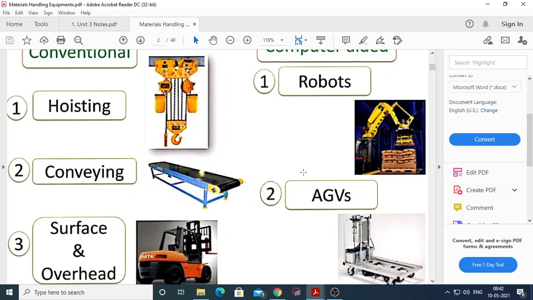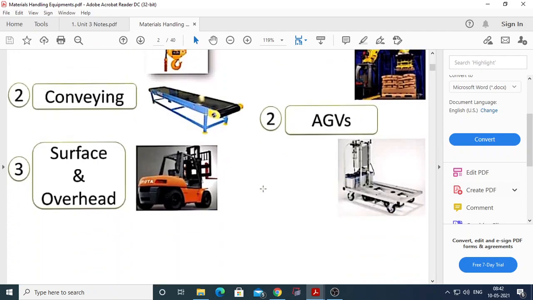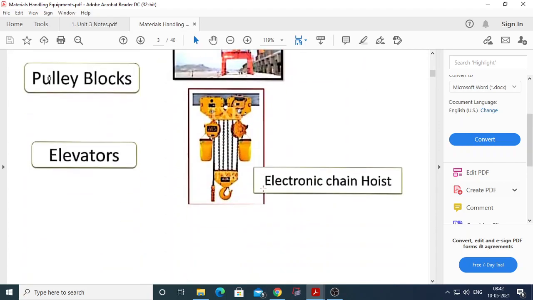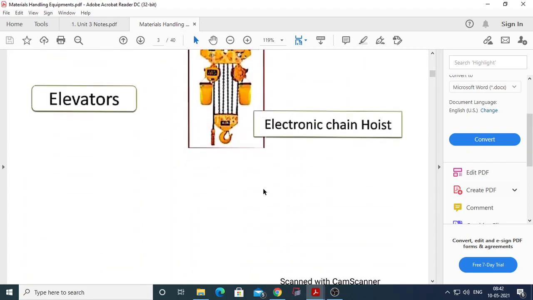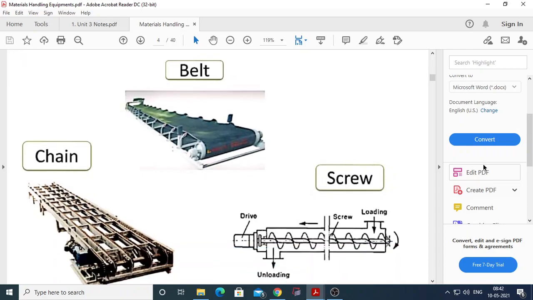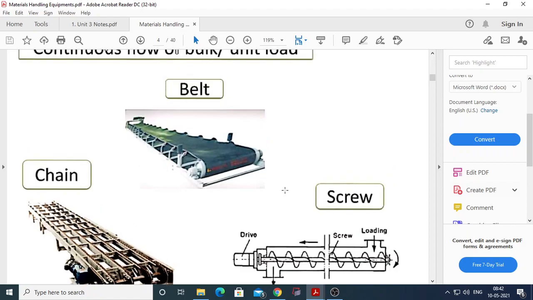Okay, then the second one is conveying. Conveying, what is conveying? There is conveying equipment, where we use different types of conveyors. These conveyors are again a group of devices with no lifting gear, no lifting gear at all. Okay, as shown in the picture, belt, chain conveyor, screw conveyor. Already you have studied the conveyor.